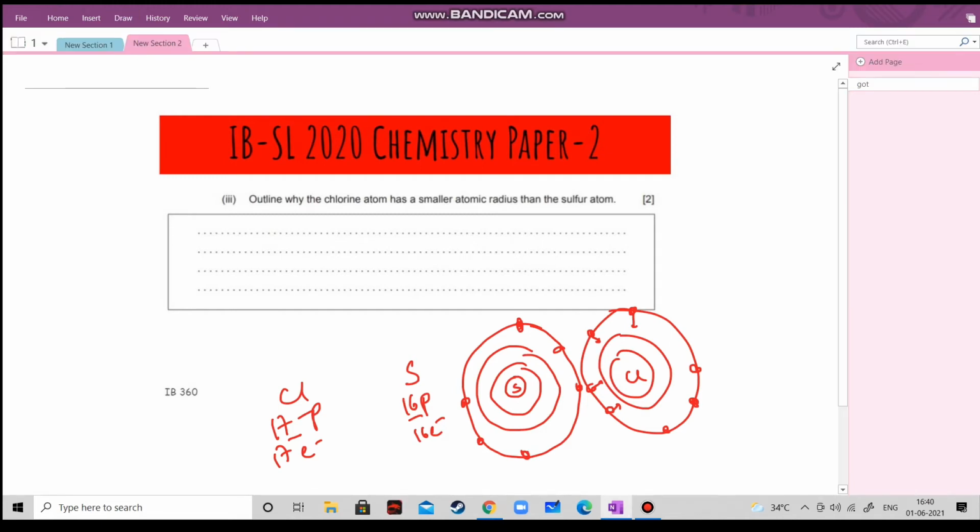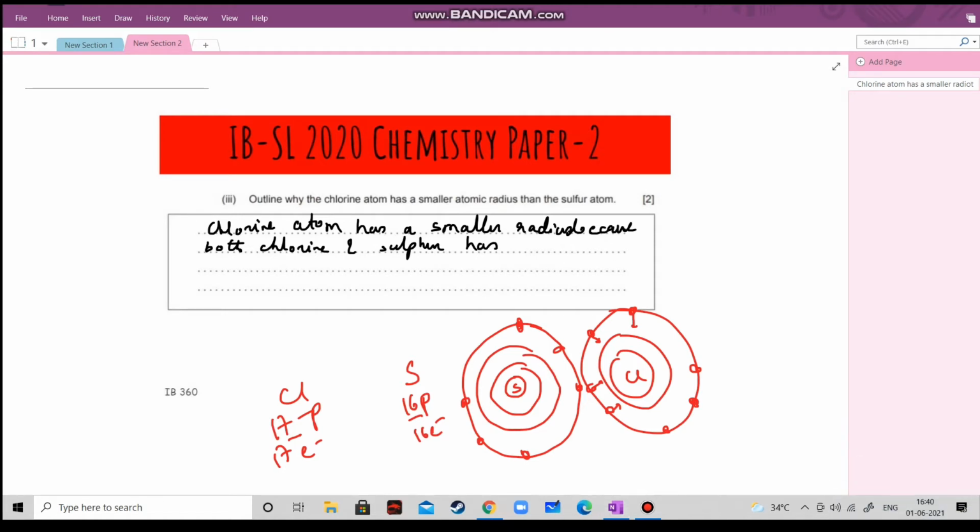When we answer this question, we would write it this way: the chlorine atom has a smaller radius because both chlorine and sulfur have the same number of shells, but chlorine has a higher number of protons.